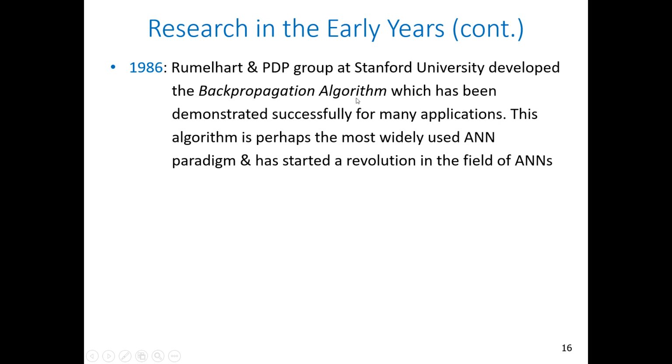In 1986, Stanford University developed the backpropagation algorithm, which has been demonstrated successfully for many applications. This algorithm is perhaps the most widely used artificial neural network paradigm and has started a revolution in the field of artificial neural networks. We will be learning the backpropagation algorithm in the next module.